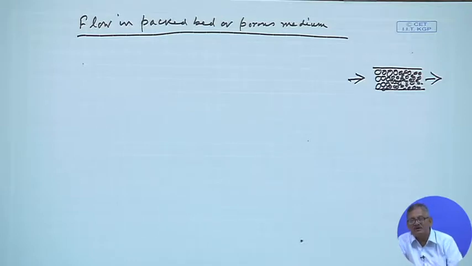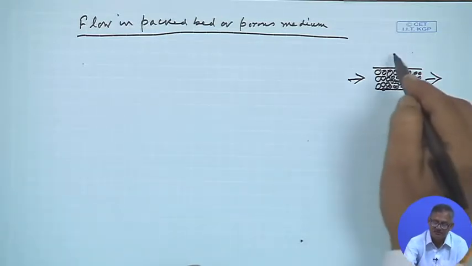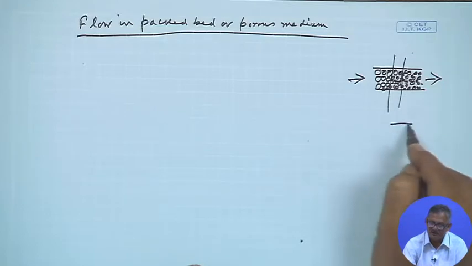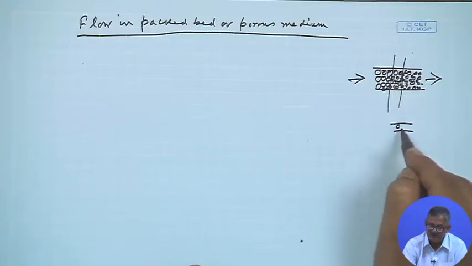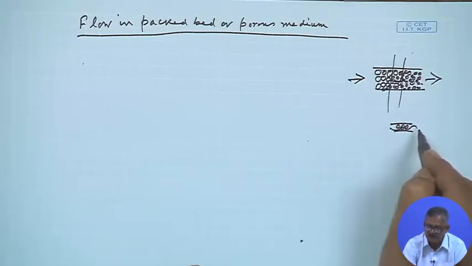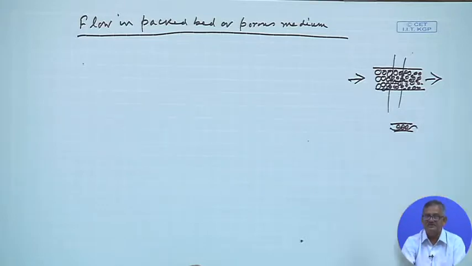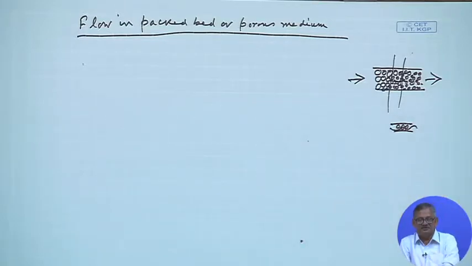Why porous medium? Because if you look at this section, when it is porous, means this material, this material, this material. So, within this the fluid is flowing like that, right. So, that means there is a gap between the materials.